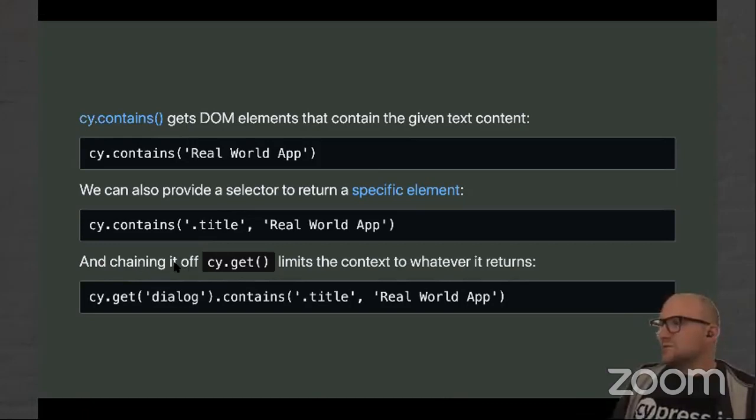But lastly here, we can chain it off of a cy.get, and that limits its context to whatever that returns. So let's just say that real world app is the title of a dialog box. So we can say cy.get, and then within that dialog, find the title real world app. So if that appears multiple times in your application, you can kind of narrow it down or limit its context.